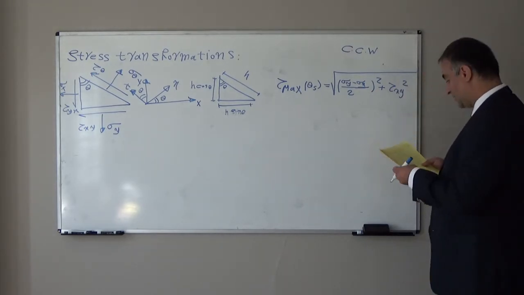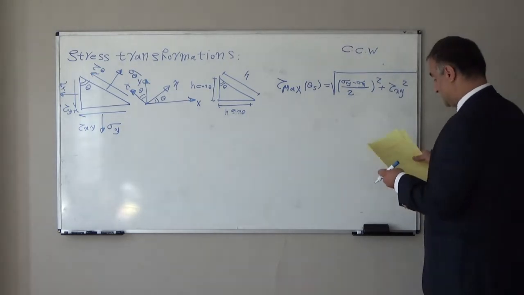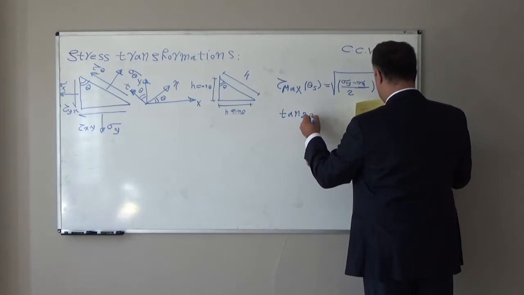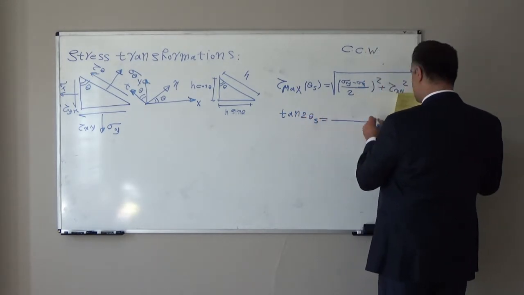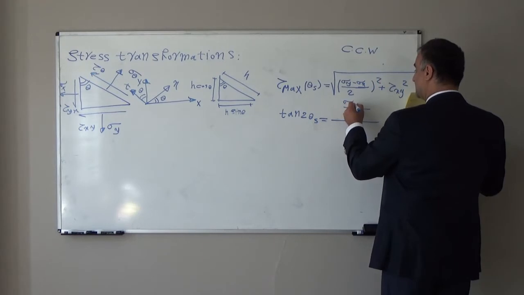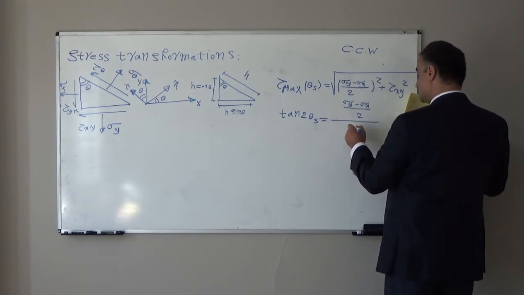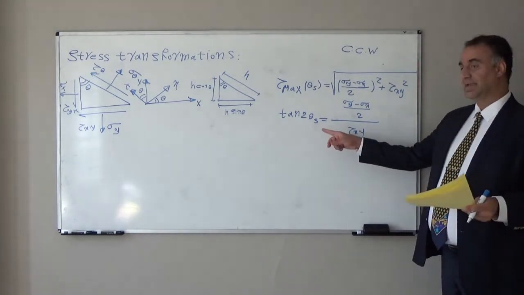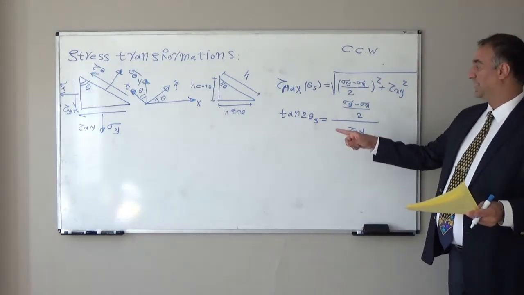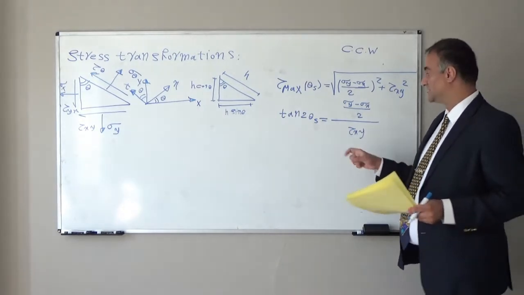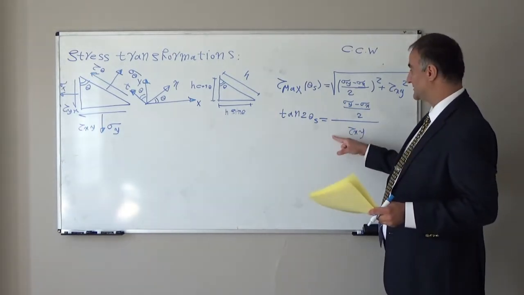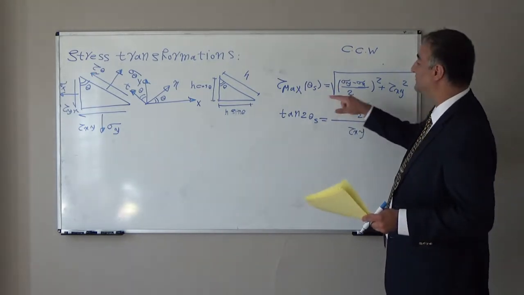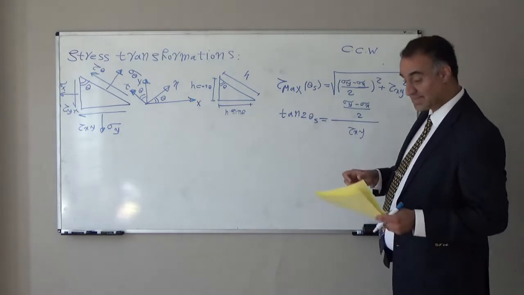And we know how we can find theta s: tangent 2 theta s is equal to sigma y minus sigma x over 2 tau xy. So we can find the orientation of that plane. We will have the maximum shear stress using this formula. We will plug in here and we will find the maximum shear stress in that plane.